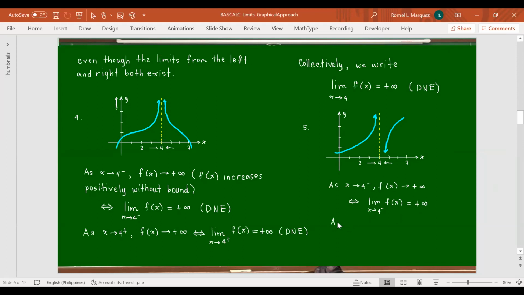And then as x approaches 4 coming from the right, what is happening to the function values of f of x? Negative infinity po. So this time it keeps on going down, negative infinity, no? So how do we write this verbally? F of x decreases without bound.